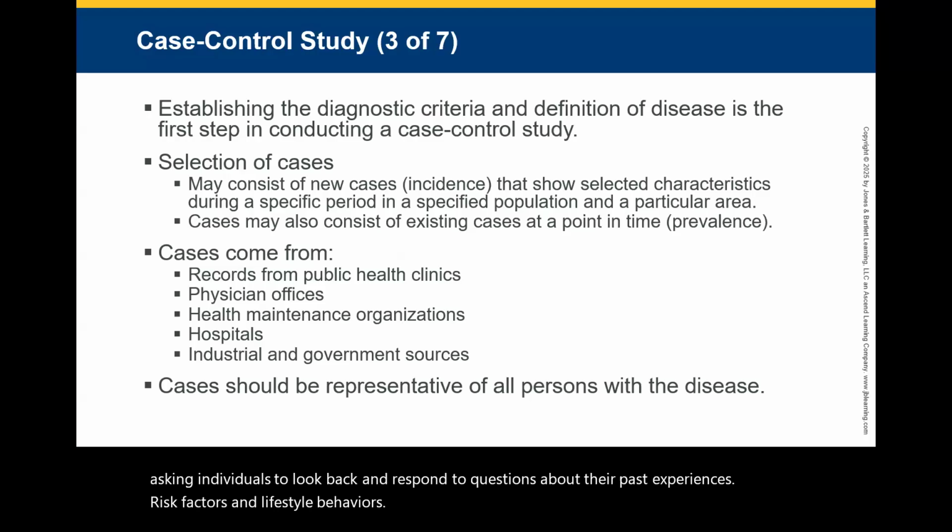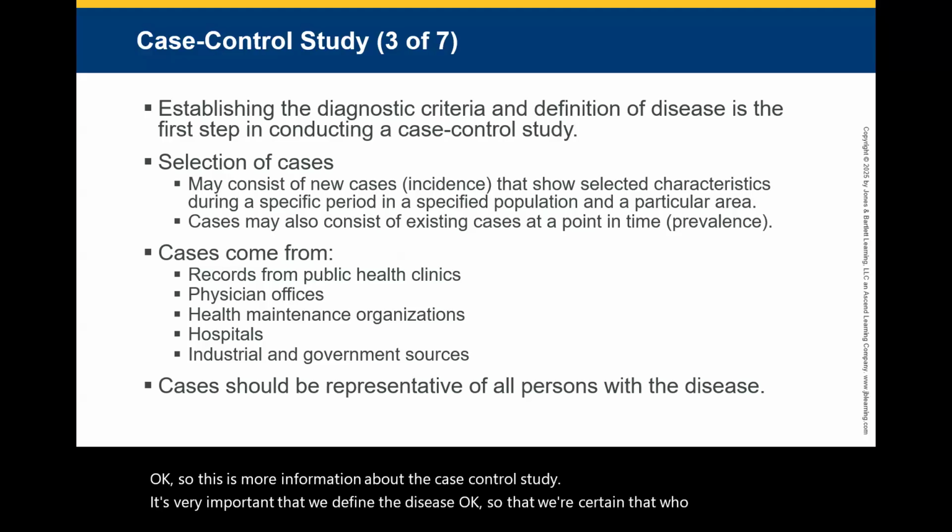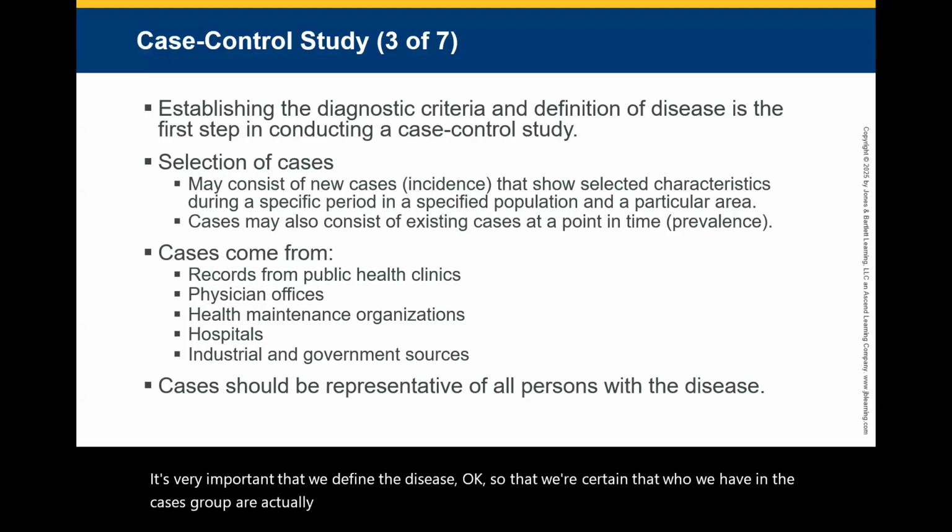Okay, so this is more information about the case control study. It's very important that we define the disease, so that we're certain that who we have in the cases group are actually individuals that meet our definition of the disease or our diagnostic criteria.